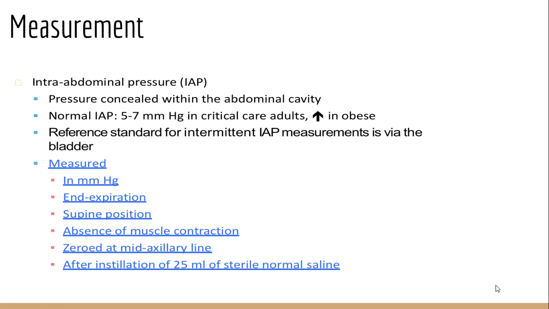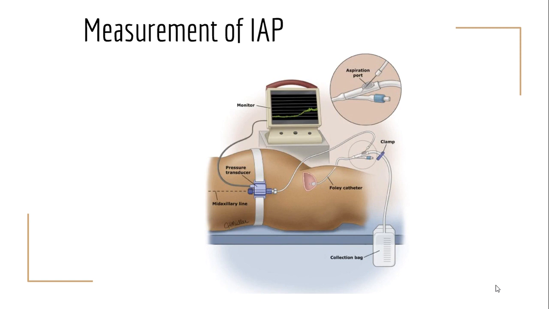It should be measured at the end of expiration in the supine position and in the absence of muscle contraction, and it should be zeroed at the mid-axillary line after instillation of 25 ml of sterile normal saline. Where do you place the transducer for measurement?